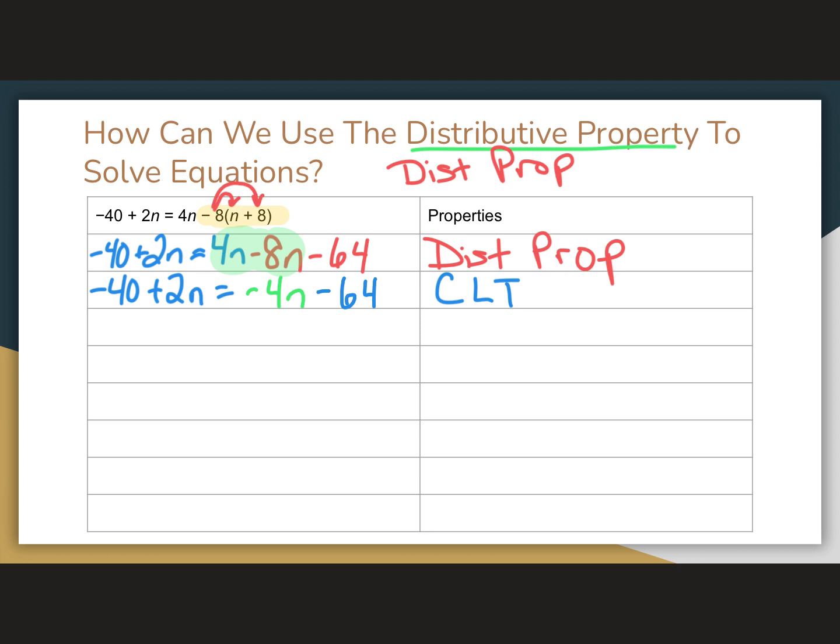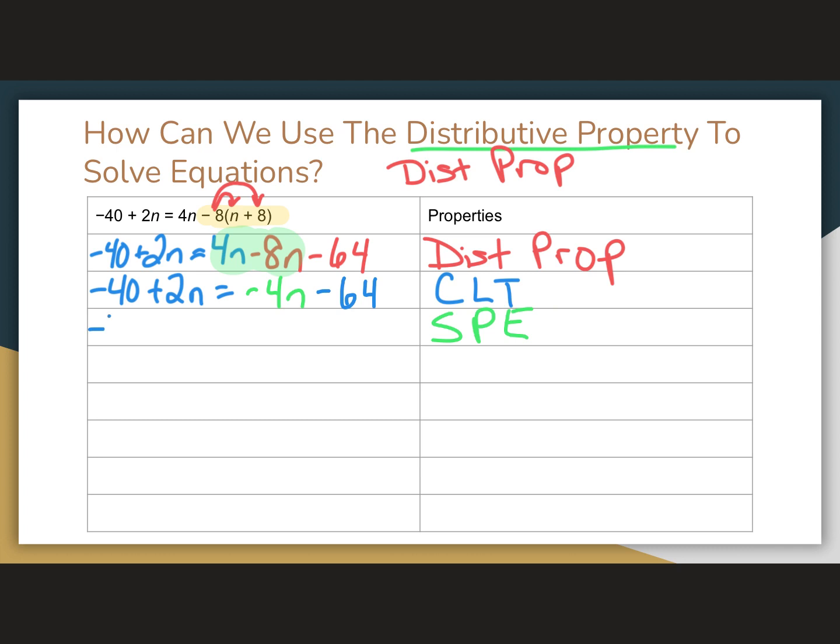Okay, so now I need to get all of my variables together and all of my constants together. So the first thing I'm going to do is use the subtraction property of equality, and I'm going to subtract 2n from both sides.